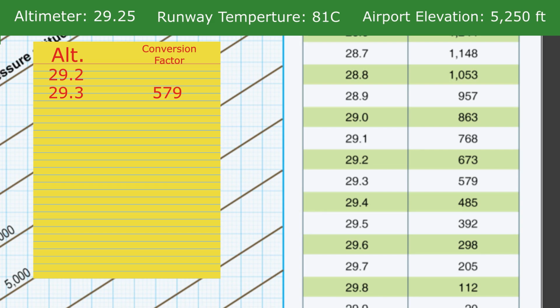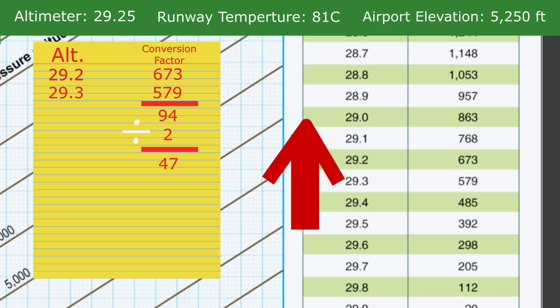And then 29.2 is 673 feet. The difference between the two of these is 94. Since 29.25 is only halfway between the two, we can simply divide 94 by 2, and you'll get 47.